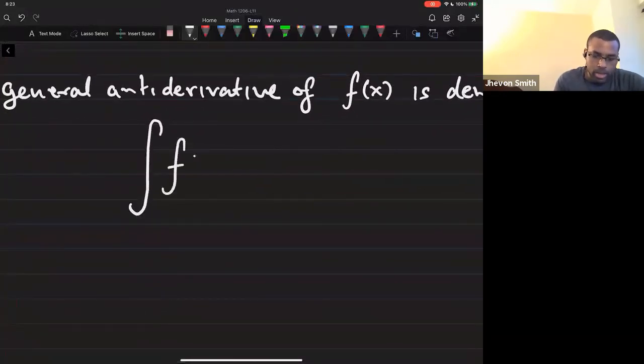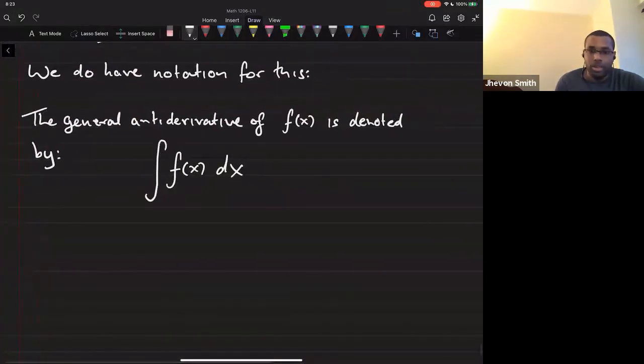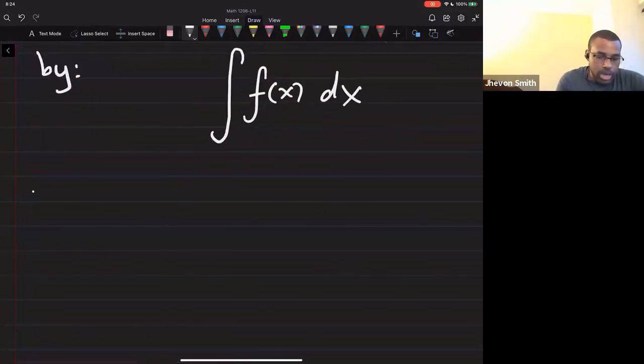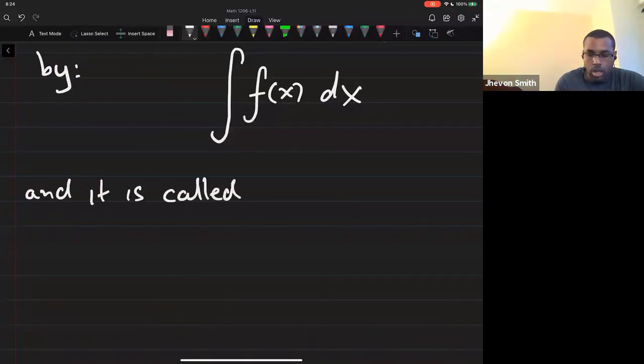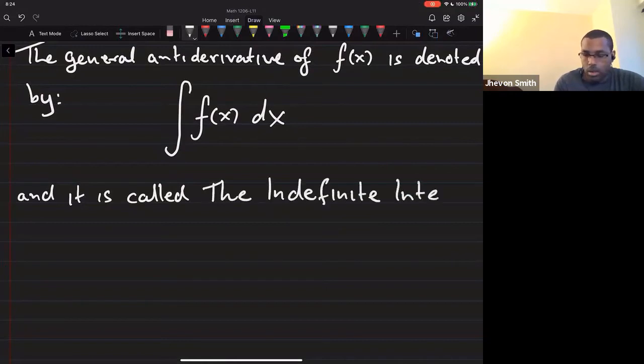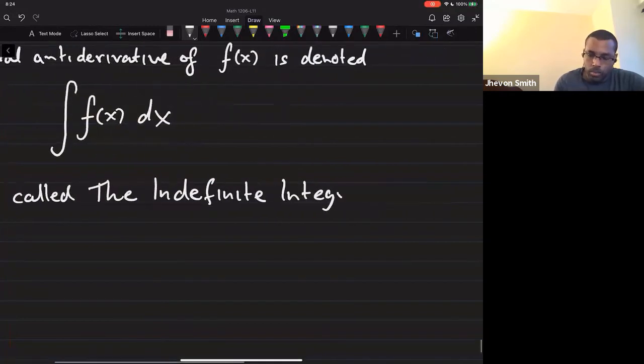So we just have this with no numbers written on it, and it is called the indefinite integral of f of x with respect to x.